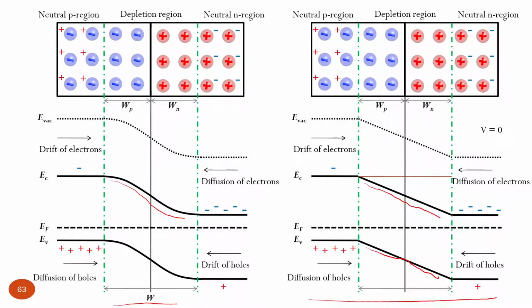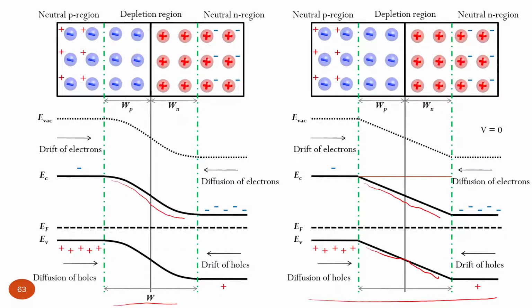And what is the reason for the quadratic electrostatic potential distribution? Obviously there is some electric field which linearly changes in the depletion layer of the p-n junction.